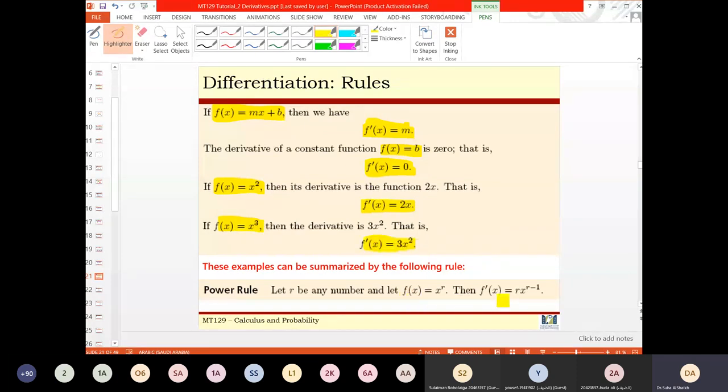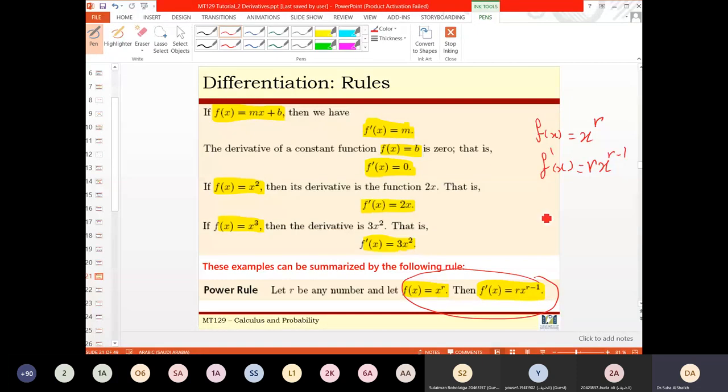In general, we apply this by applying what we call the power rule. The derivative of x to the power r is r x to the power r minus 1. You can remember this. مشتقة الباور هذه مشتقة القوة. If your function is f(x) equal to x to the power r, the derivative of x^r is r تنزل تحت x to the power r minus 1.